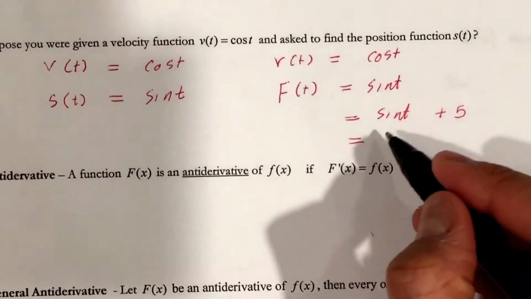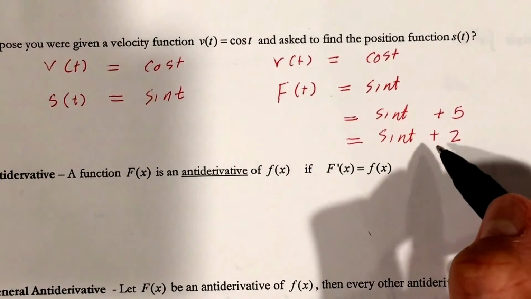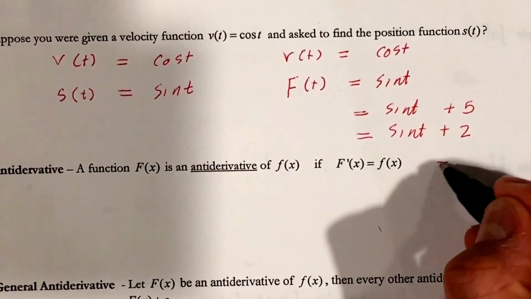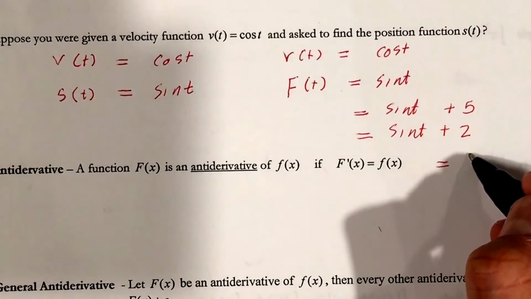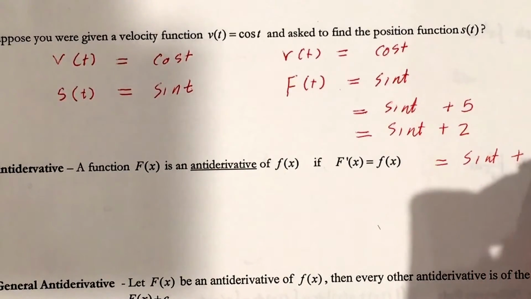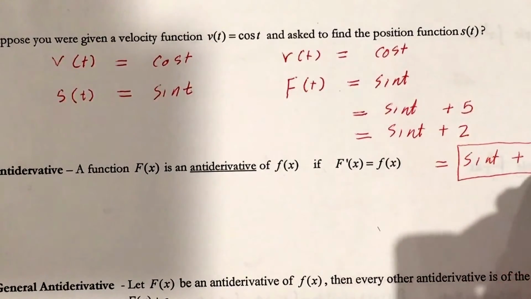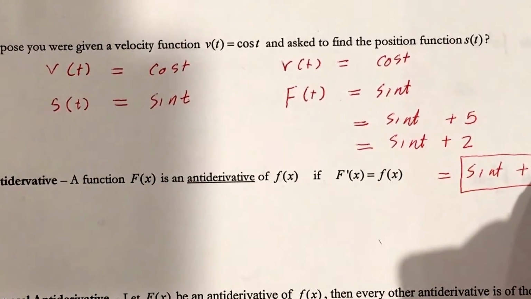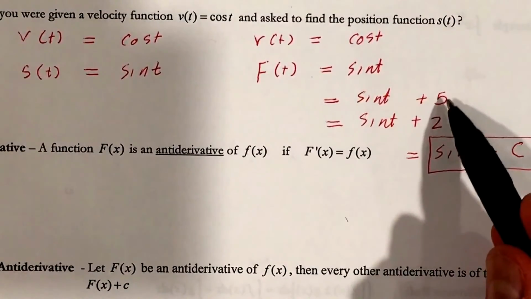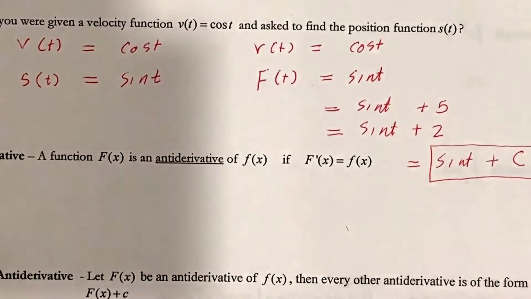Or say if your antiderivative is sine of t plus 2, isn't the derivative of that cosine? So in general, there are plenty of them whose derivative is cosine, and therefore we generalize it by adding a letter c afterward, and c represents constants, which means that it could be any one of these numbers.